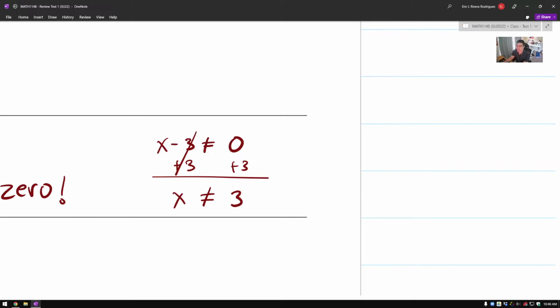So real numbers go from negative infinity to positive infinity. But in this situation, we have a restriction that x cannot be equal to 3. So the domain of the function is going to be a modification of the real numbers.